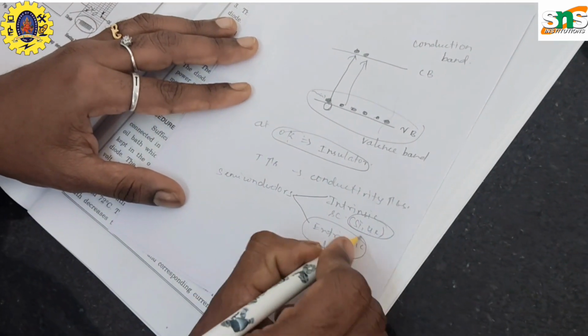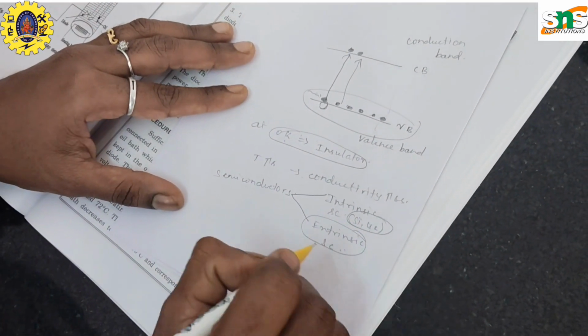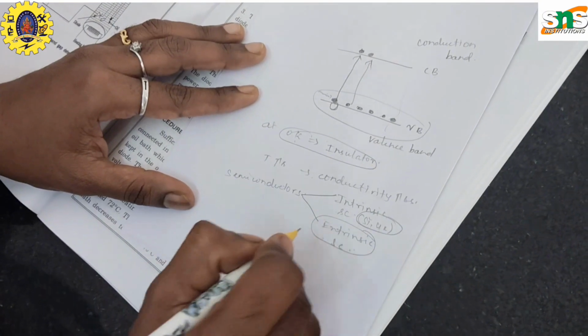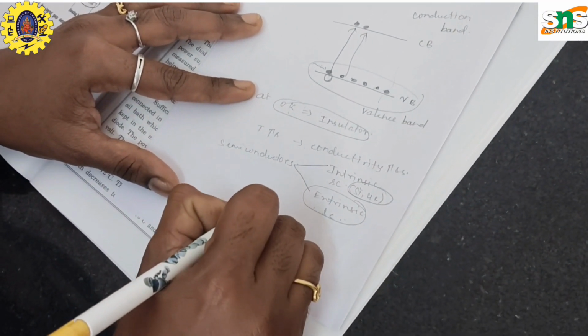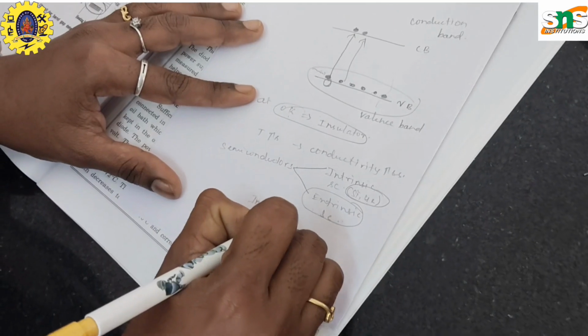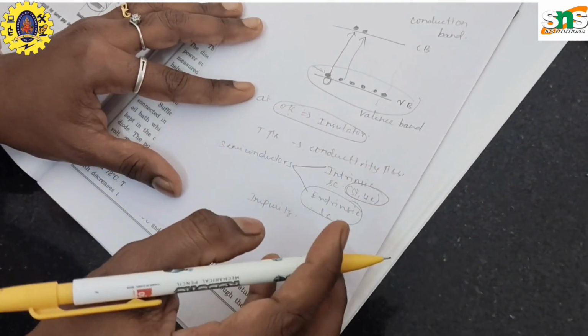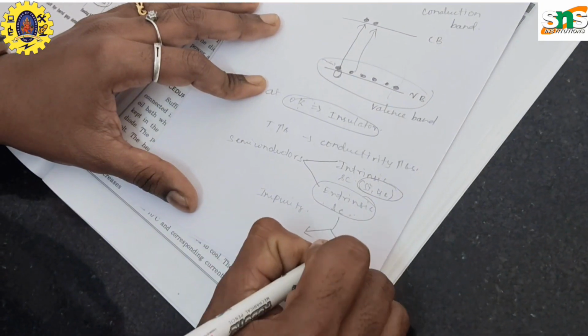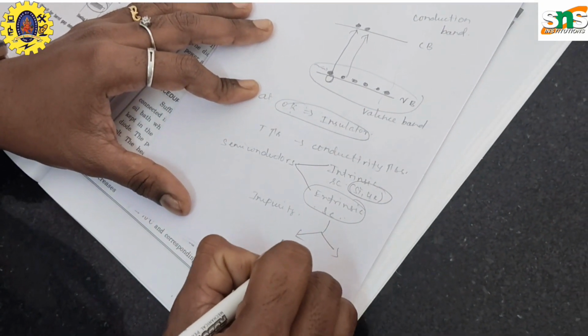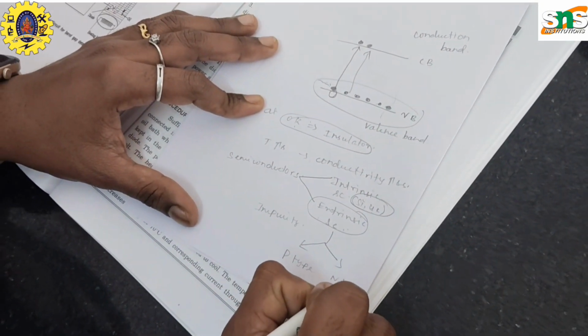Whereas the extrinsic semiconductor has to be doped with impurities. What is meant by impurities? We have added another atom. Based on the impurity, the extrinsic type is again divided into two types, P type and N type.